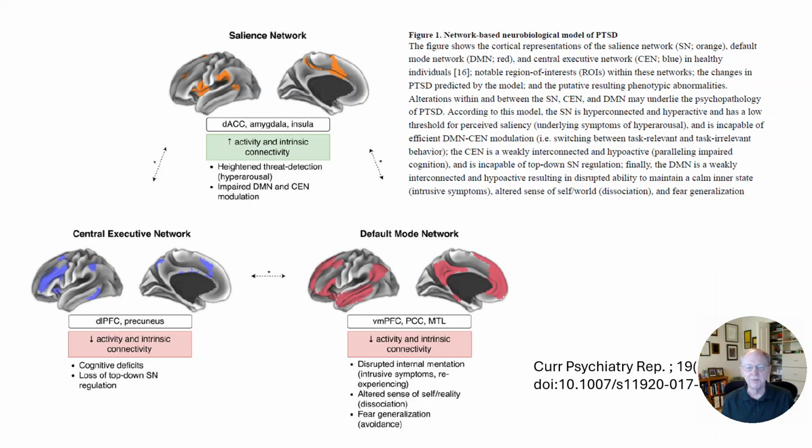Now, here the default mode network is being described specifically for PTSD. So in the prior lecture, we talked about the default mode network having a normative but quantitatively excessive internal focus.